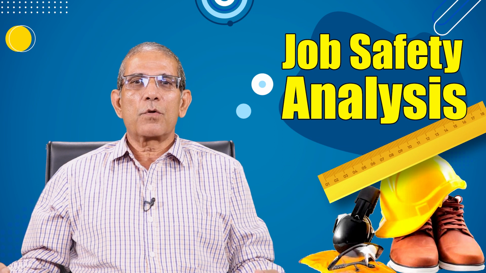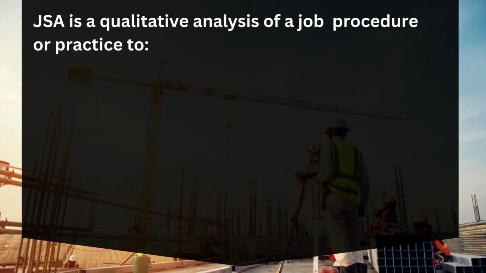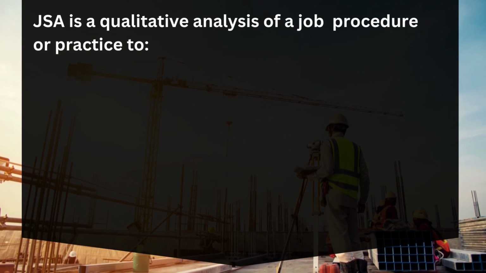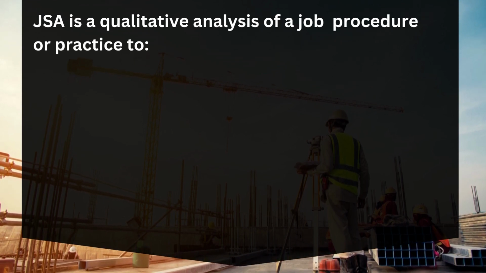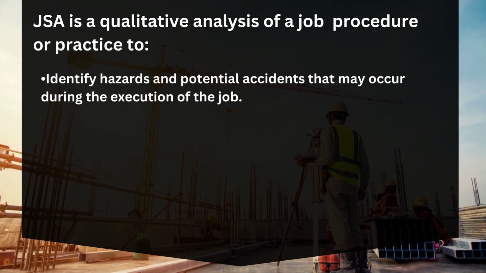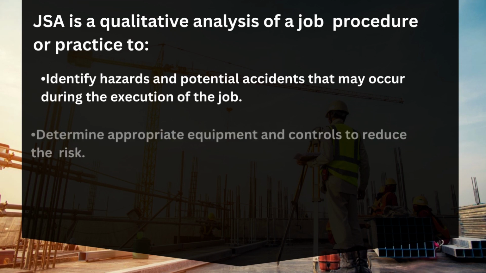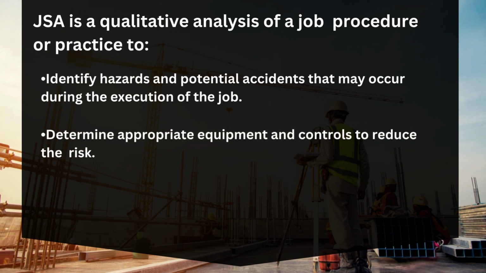What is job safety analysis? JSA is a qualitative analysis of a job procedure or practice to identify hazards and potential accidents that may occur during the execution of the job, and determine appropriate equipment and controls to reduce the risk.